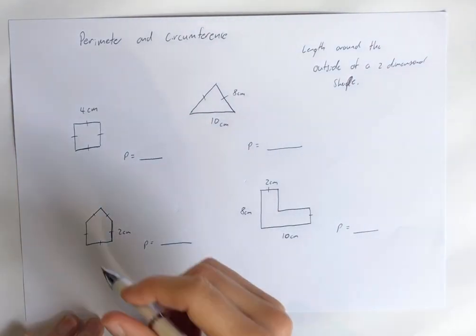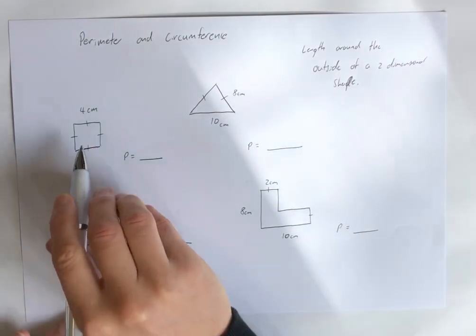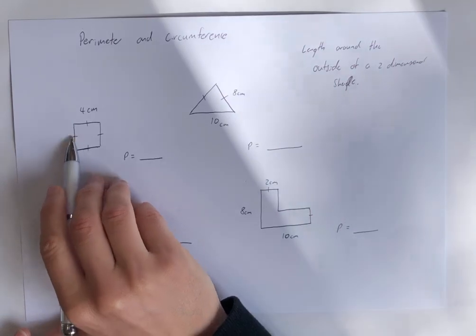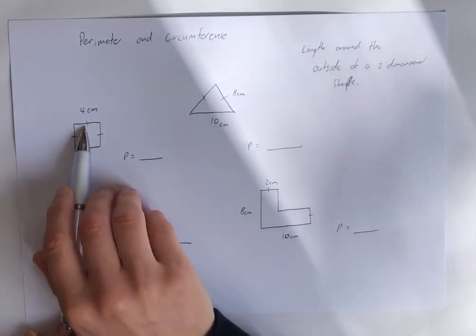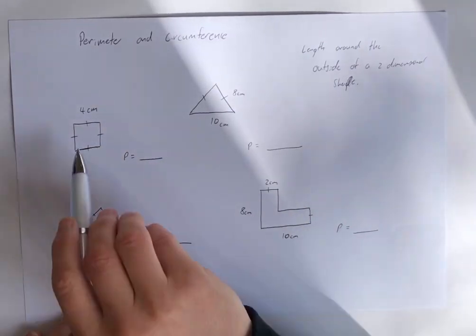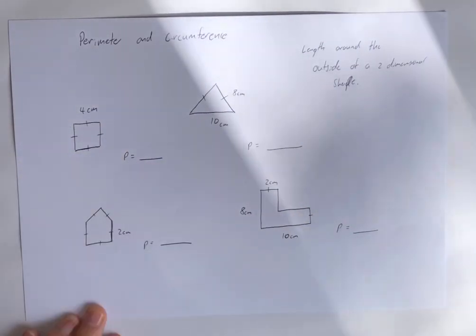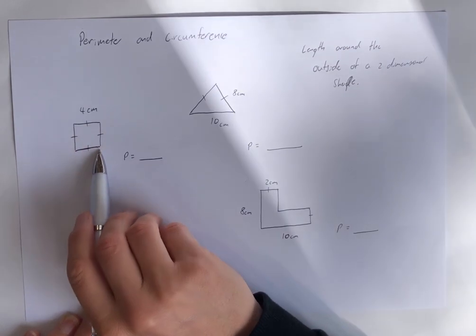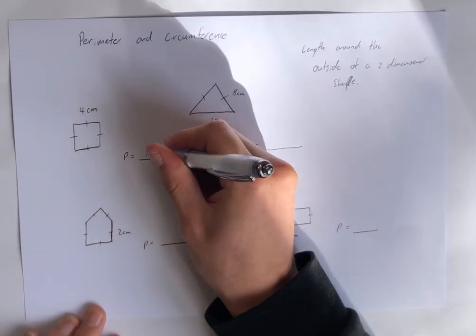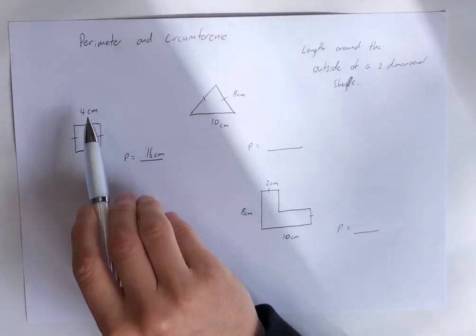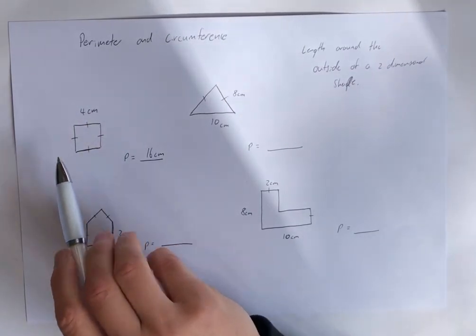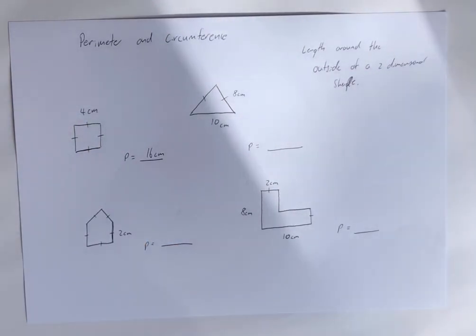In measurement and geometry, we use these little dashes to mean that the sides are the same length. So the perimeter of the square, or quadrilateral because we don't know if they're at right angles, is 4 times 4, which is 16 centimeters. Or you could just add them up, 4 plus 4 plus 4 plus 4.